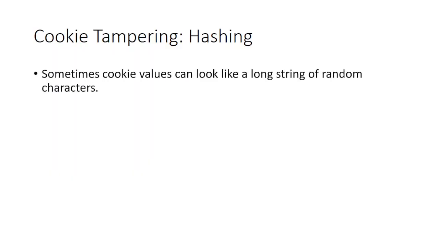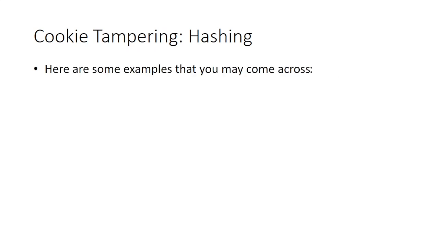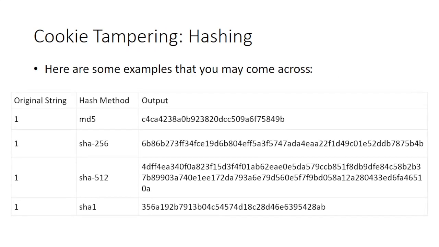Sometimes cookie values can look like a long string of random characters. That is what we call hashes, and hashes are an irreversible representation of the original text. Here are some examples that we may come across: MD5, SHA-256, SHA-512, and SHA-1.